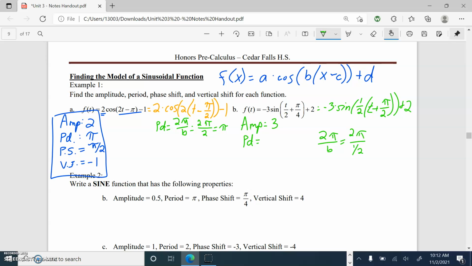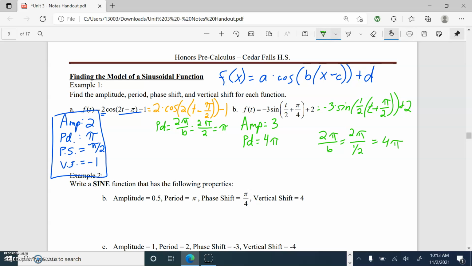When you take 2 pi divided by half, it's the same as 2 pi times 2, so we get 4 pi. Our period has gone from 2 pi to 4 pi. What that means is it stretches the curve. Instead of going like this, it's more like this. It's been stretched out.